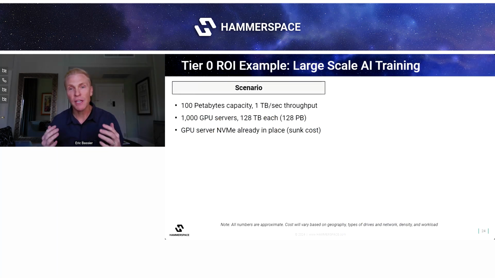Now, by reducing the need for external storage systems and by speeding up processes like checkpointing, Tier 0 can have a very significant savings and a very significant ROI. Now, if we look at a very large scale training environment, let's say it's 1,000 GPU servers and each one of those servers has 128 terabytes of capacity.